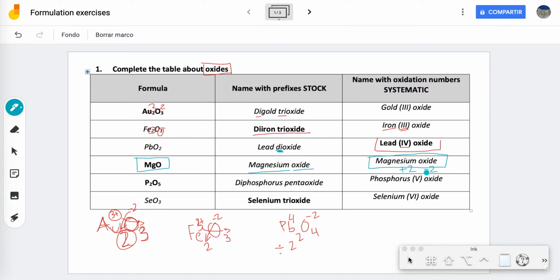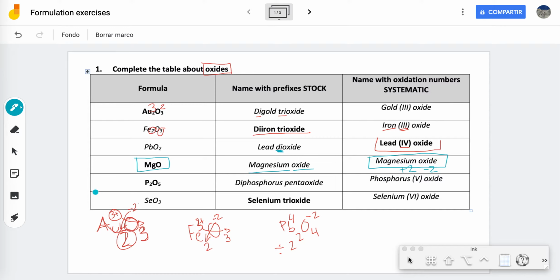Because they can only have these two oxidation numbers, we don't need to write it down. It's supposed that the reader already knows these oxidation numbers.